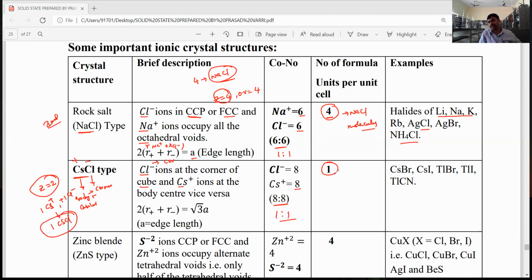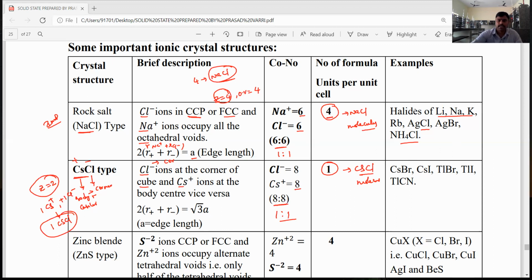How many cesium chloride molecules are present here, students? 1 cesium chloride molecule is present, because the chloride ions are at corners, its value is 1, and the Cs+ ion is at the body center, its value is 1. So 1 positive and 1 negative is equal to 1 cesium chloride molecule. Similar examples are cesium bromide, cesium iodide, thallium bromide, and thallium iodide.